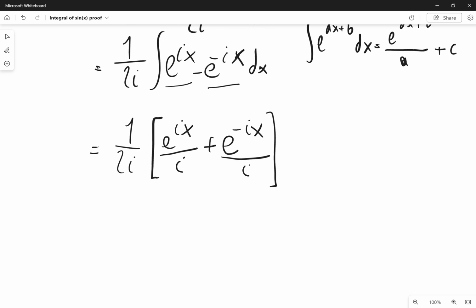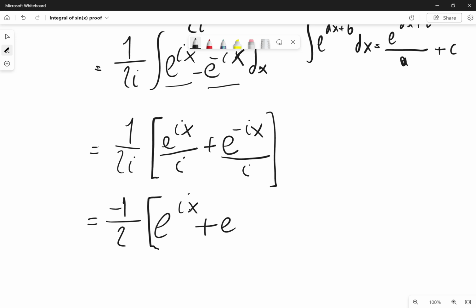So the i's, again, you can factor out, and i times i is negative 1. So we end up with negative 1 divided by 2, like this, times e to the ix plus e to the negative ix.